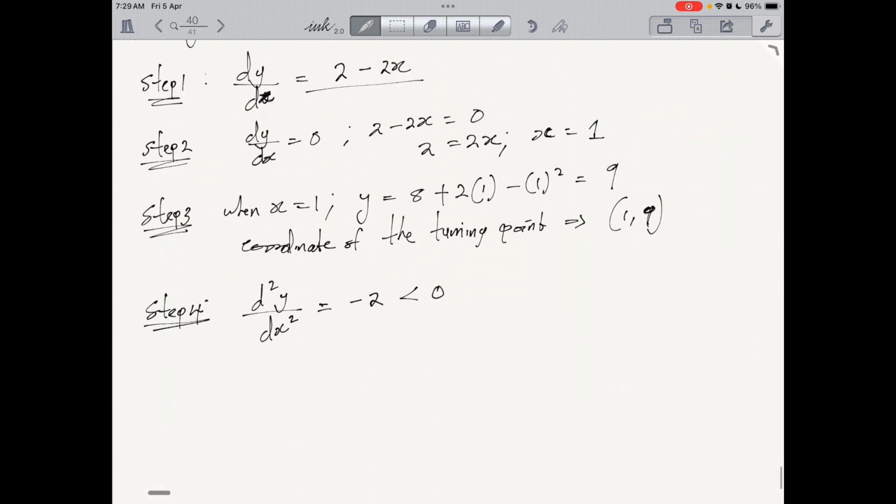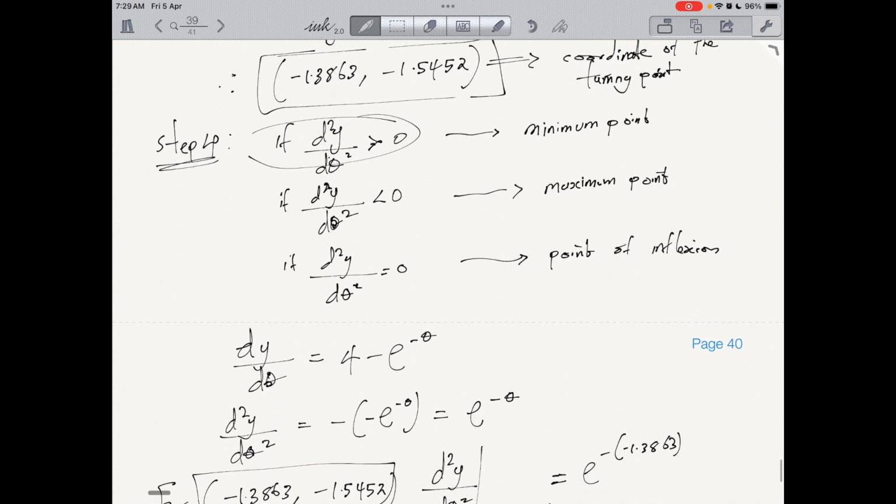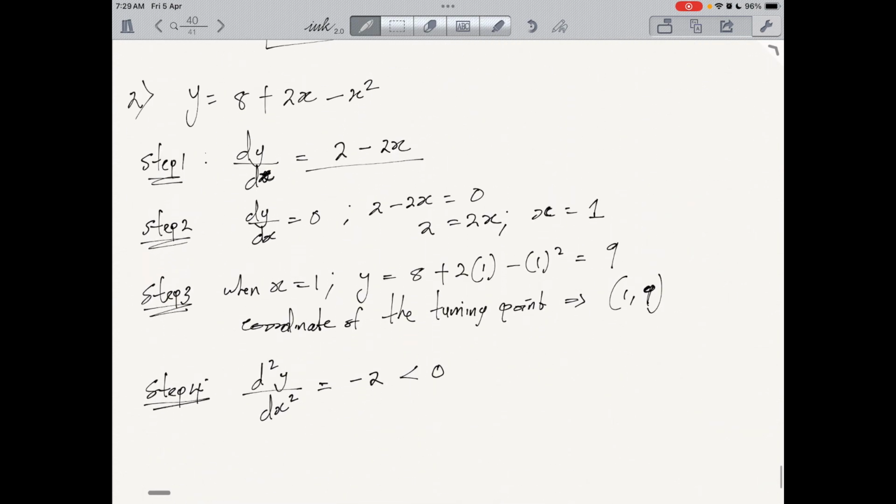And if it is less than 0, we have that the point is a maximum point. d squared y/dx squared is less than 0, hence 1, 9 is a maximum point.